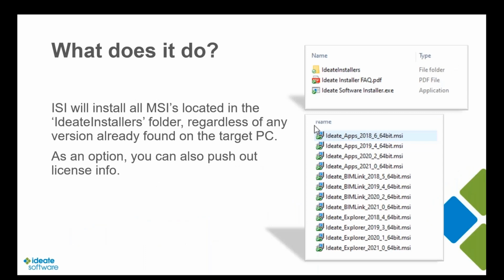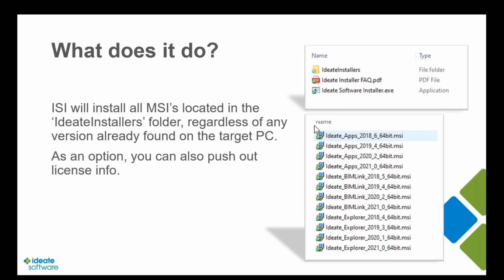which will install the appropriate software for the appropriate user. Now, under the hood, what the installer does is it basically grabs all the MSIs that we loaded into the Ideate installers folder and installs them. It will install these versions regardless of what's there.